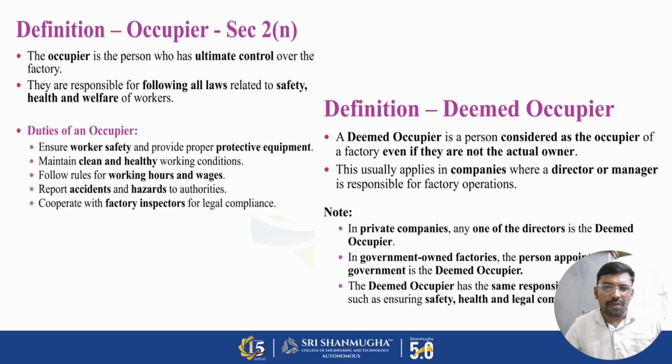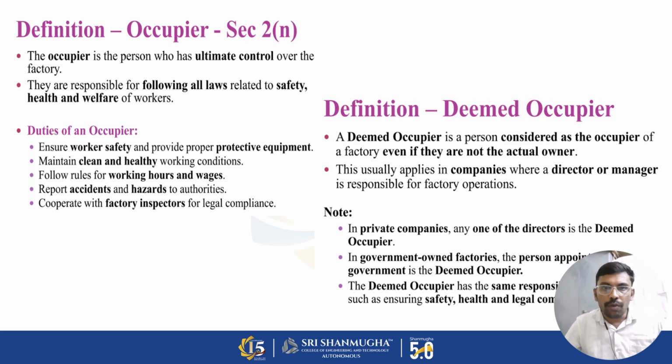Next is the definition of deemed occupier based on the Factories Act. A deemed occupier is a person who is also considered the occupier of the factory even if they are not the actual owner. The occupier is the main owner, whereas the deemed occupier is not the exact owner; it is one of the workers inside the factory.